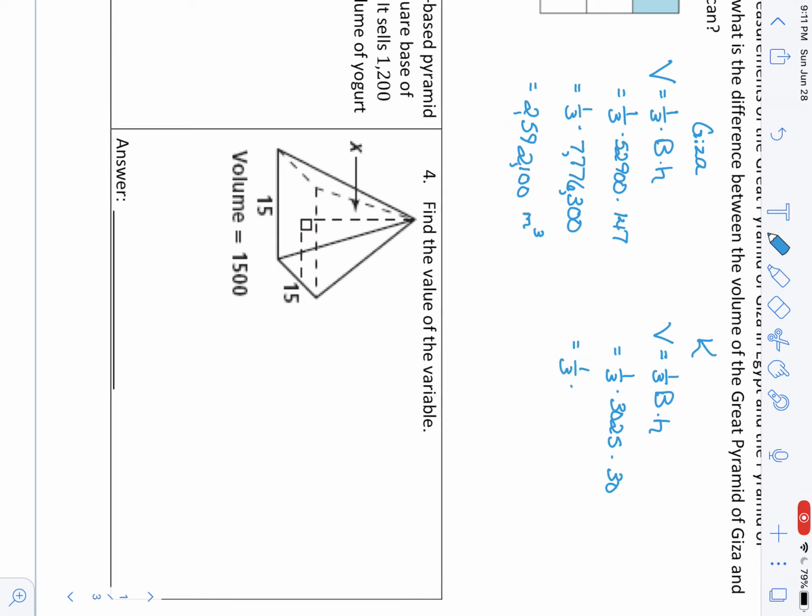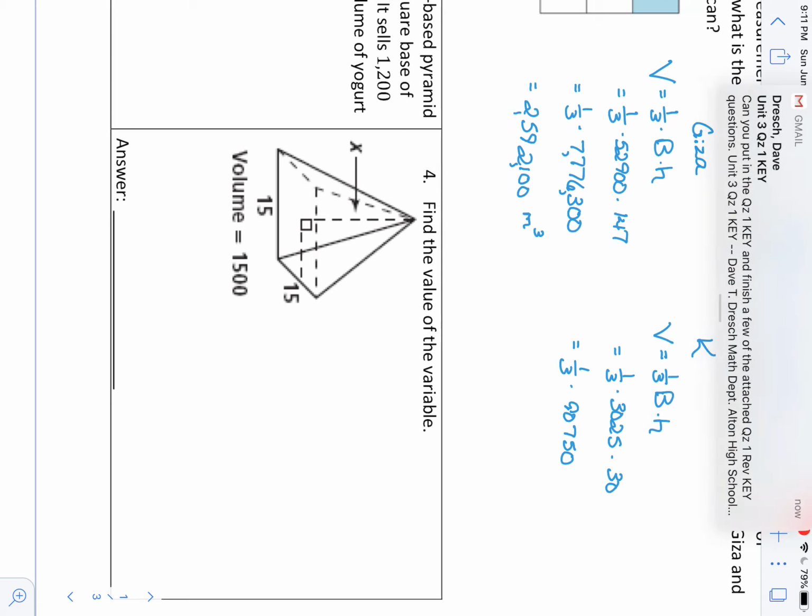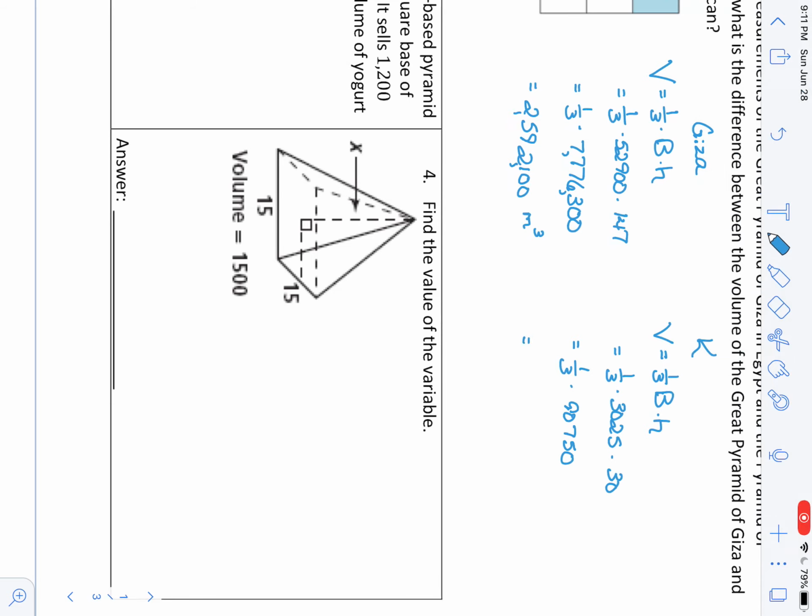So I'm going to multiply 3,025 times 30. And then I'm going to multiply that by 1 divided by 3, or just divide that number by 3. You should see 30,250 cubic meters, which is not small.